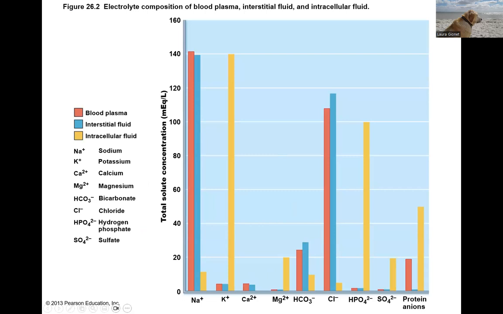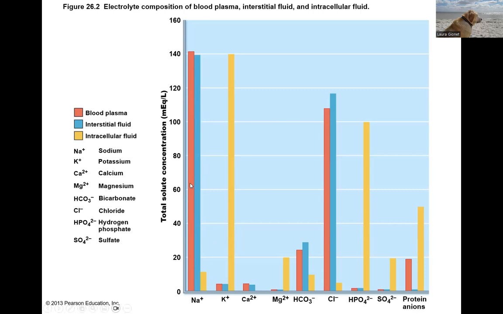So I kind of like this picture because it takes each electrolyte and compares and contrasts where it's located either in blood and plasma or in intracellular fluid. So with very, very few exceptions, where you have something in high concentration in extracellular fluid, which would be blood plasma and interstitial fluid, the red and the blue regions, you would be low in intracellular fluid, and vice versa.